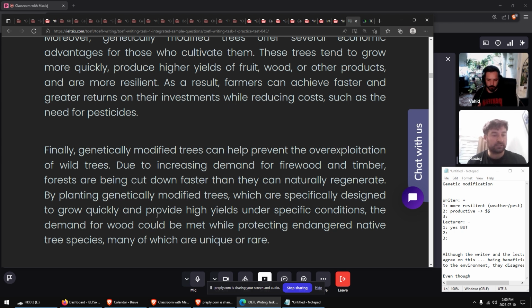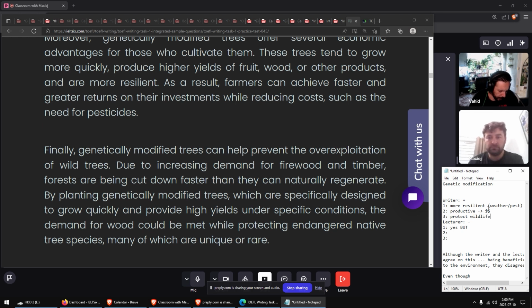By planting genetically modified trees, which are specifically designed to grow quickly and provide high yields under specific conditions, the demand for wood could be met while protecting endangered native tree species, many of which are unique or rare. So, protect wildlife. We could call that the last advantage.